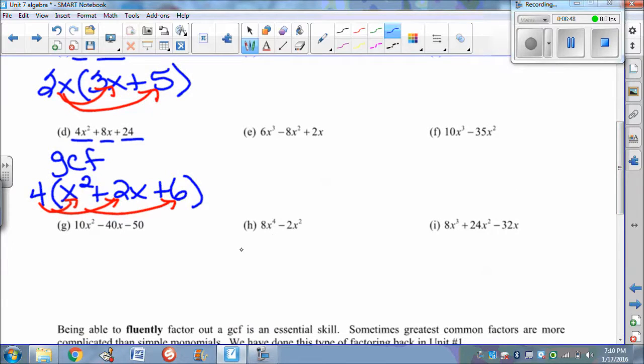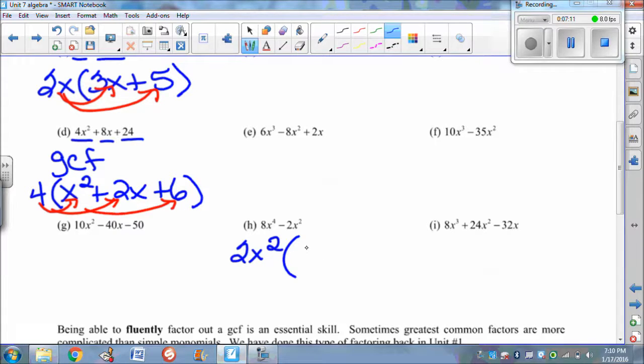Okay. And we're going to take a look at H. So H, I know that they're going to share in common a 2x squared. Remember that x squared is the max they can share in common. Okay, because this x squared only has x squared to share. This has an x to the 4th, but this guy over here doesn't have enough. So the max that they can share in common is x squared.